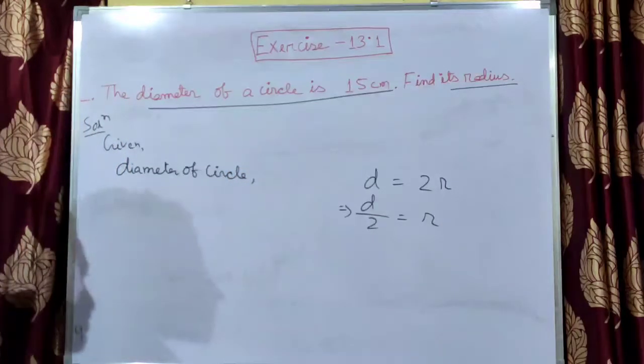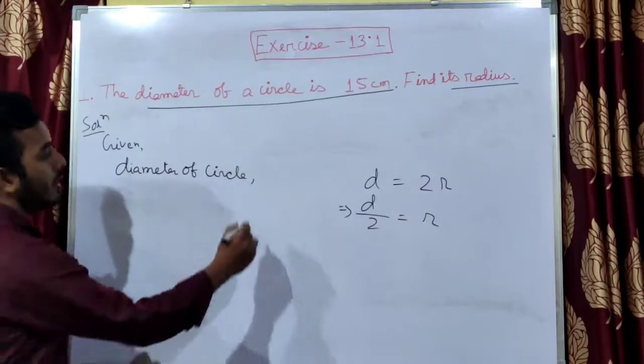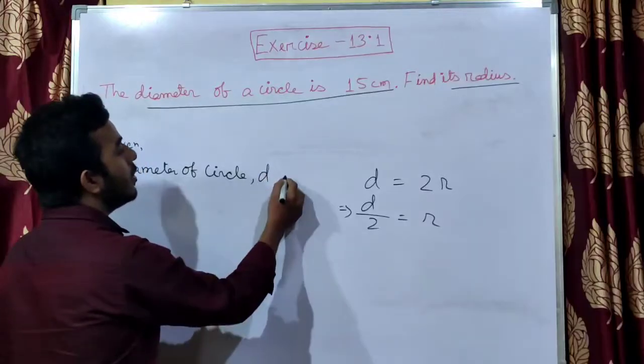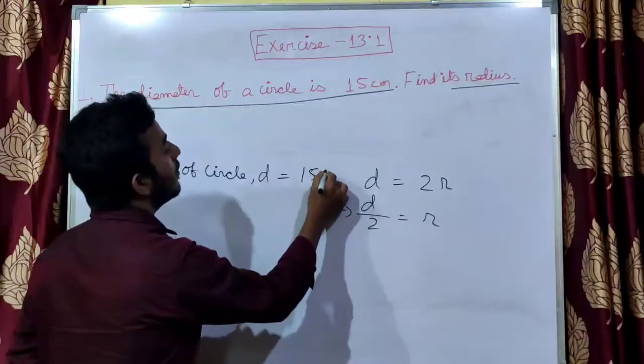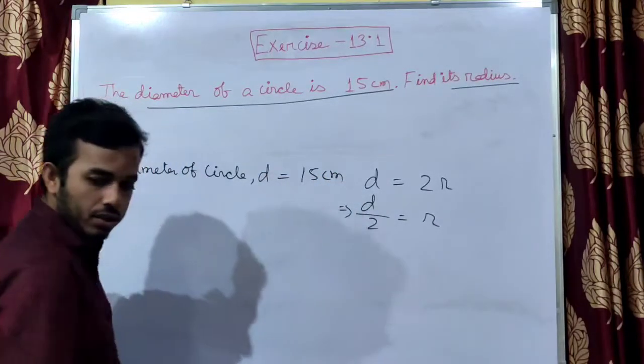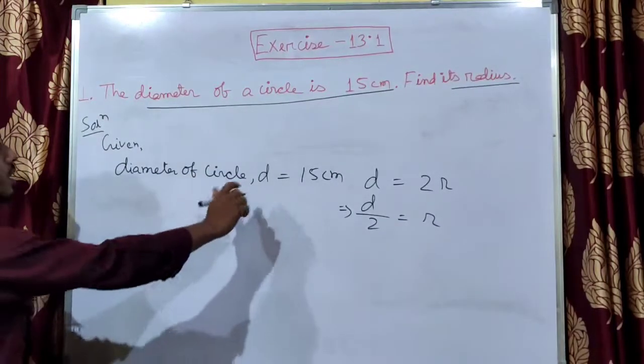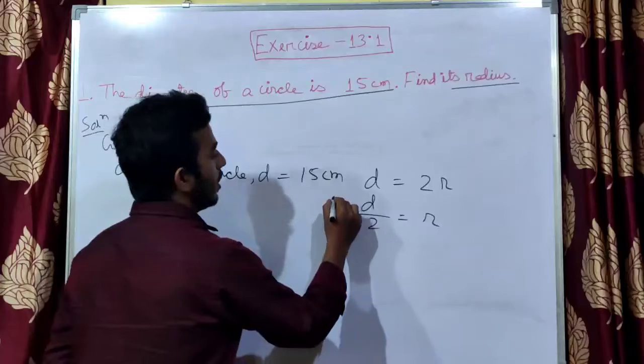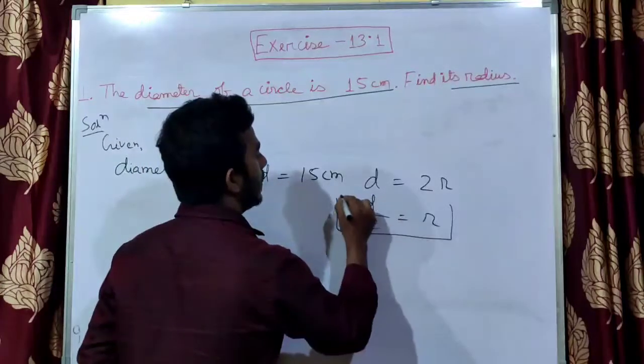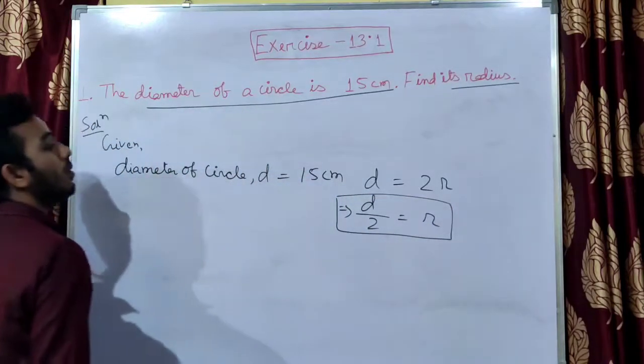Diameter is denoted by d. So diameter of circle d equals 15 centimeter, right? Now what we have to find? We have to find radius. Now we will use this formula, r equal to d by 2.